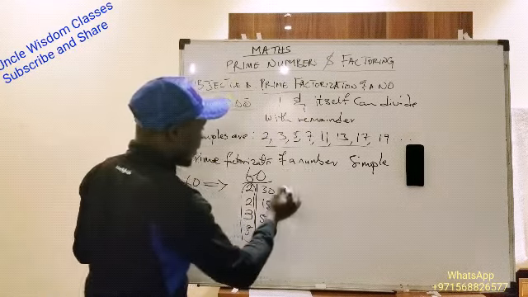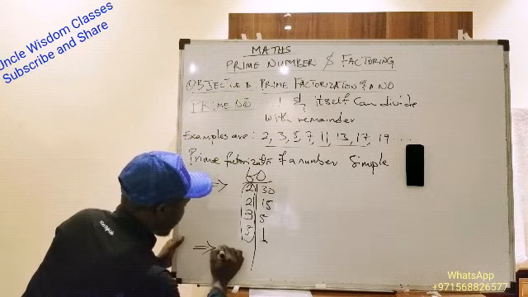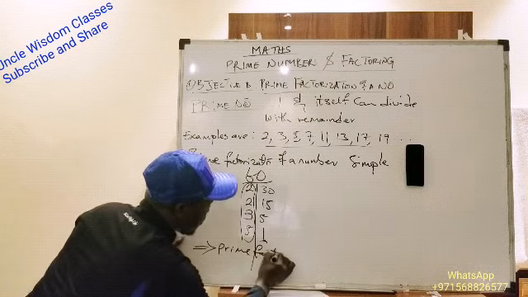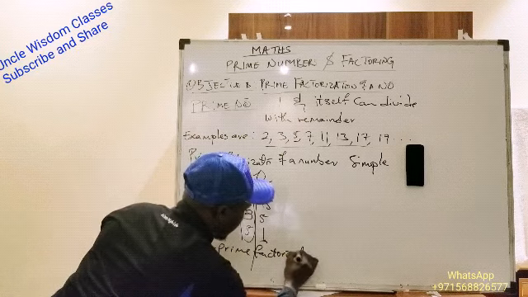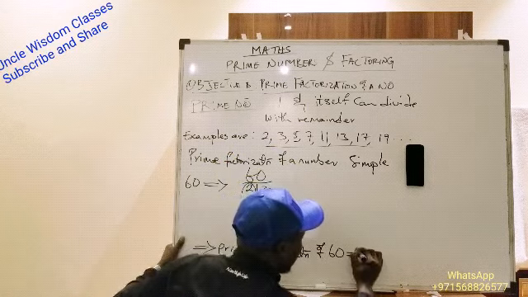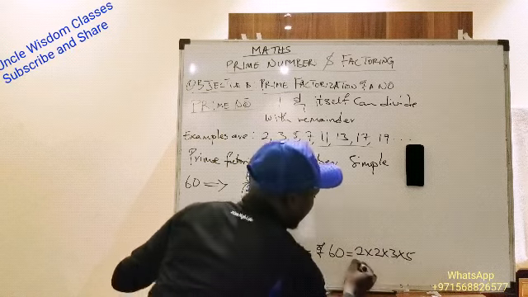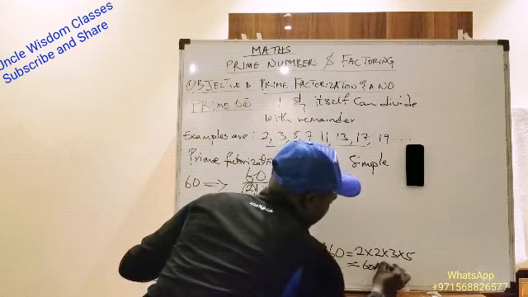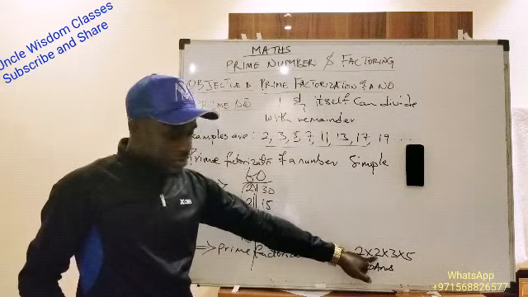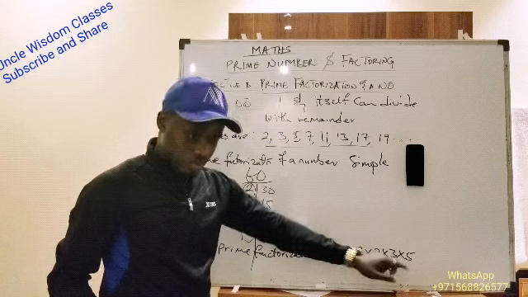In that sense, the prime factorization of 60 is equal to 2 times 2 times 3 times 5, which will give you 60 as our answer. 2 times 2 is 4. 4 times 3 is 12.